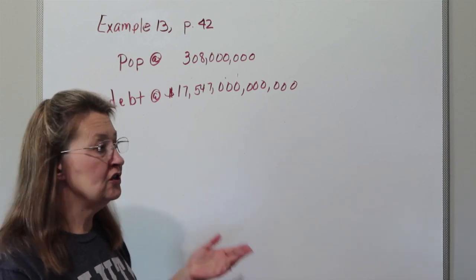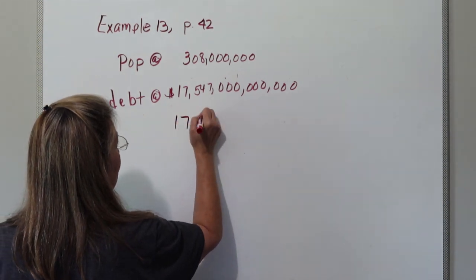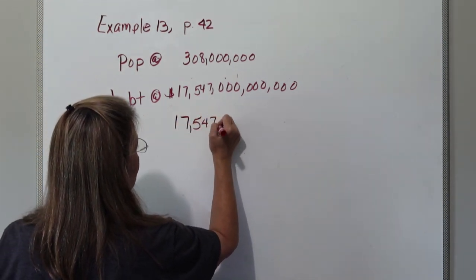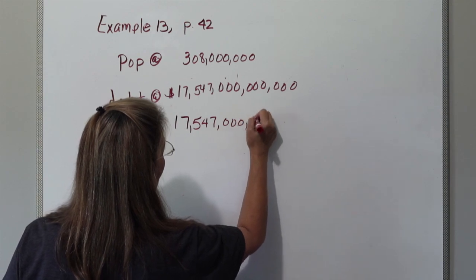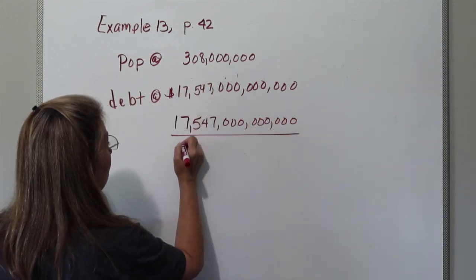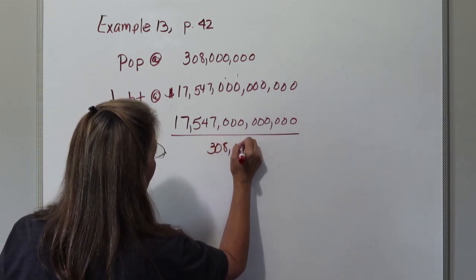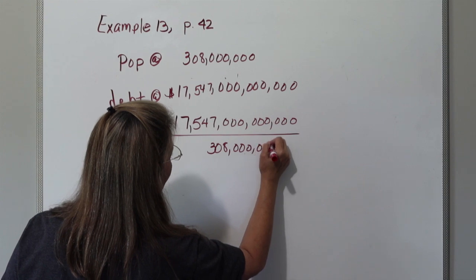Well, you're going to use division. We are going to divide this 17,547 and the 9 zeros by the number of people that owe that money. So that's going to be 308 and 6 zeros.